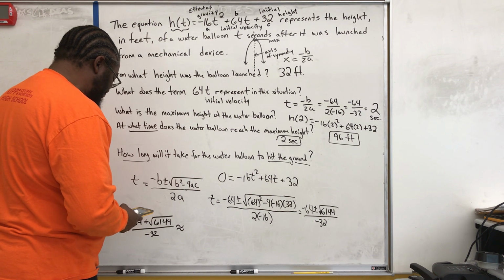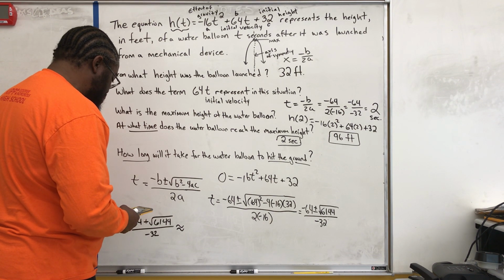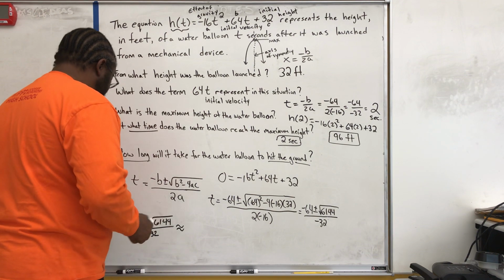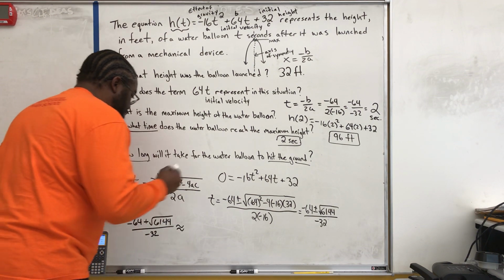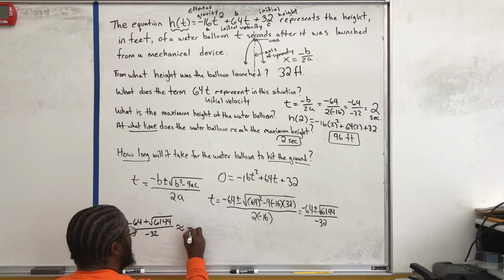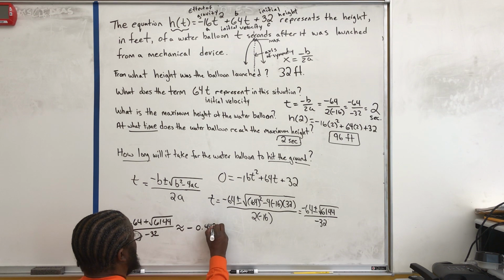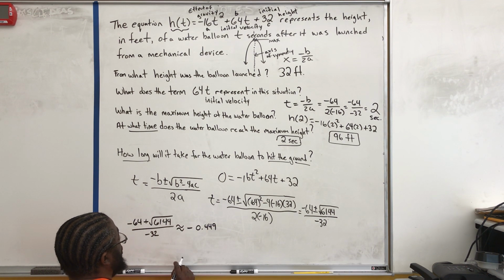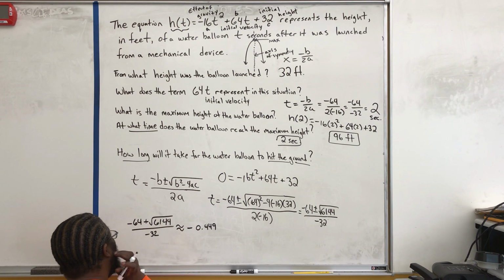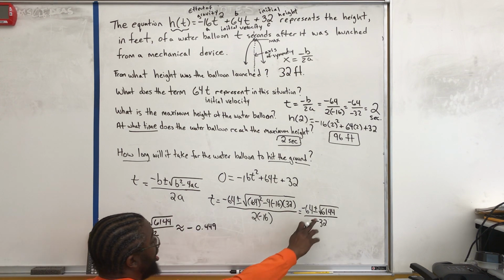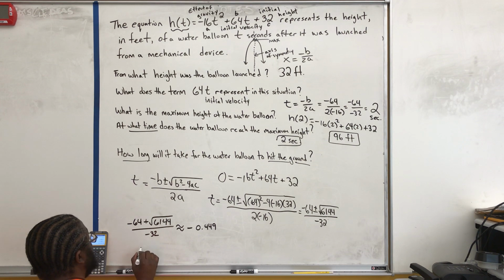We're going to divide that by negative 32, and we get negative 0.449. Okay? I don't like that answer, and I'll tell you why in a second. First, let's try the other one. We have a minus, so let's do the other one.